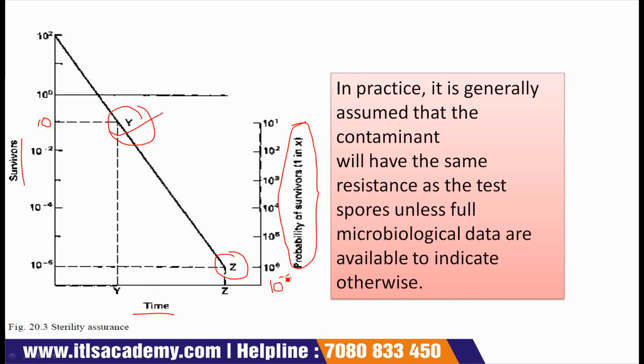That is, in 1 million, 10 to the power 6, that is 1 million, single containers, there is one chance in 1 million that one load would be positive. This is what is shown in this particular diagram, that is showing the sterility assurance.